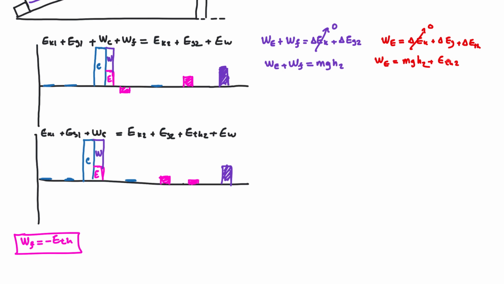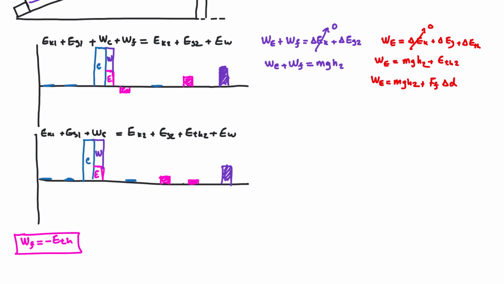And for E thermal, we also said in class that we can use an equation for E thermal as distance multiplied by force of friction. So I'm going to do that on the right-hand side first. WE is equal to mgh2 plus E thermal, which is force of friction multiplied by the distance that is traveled.